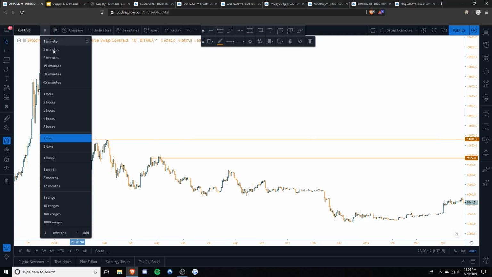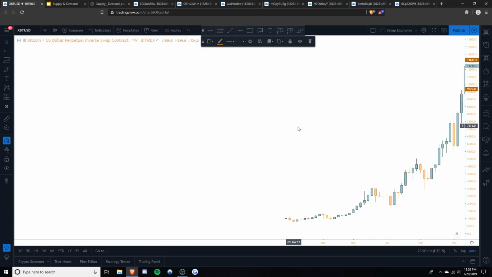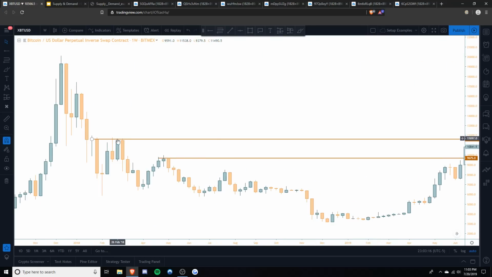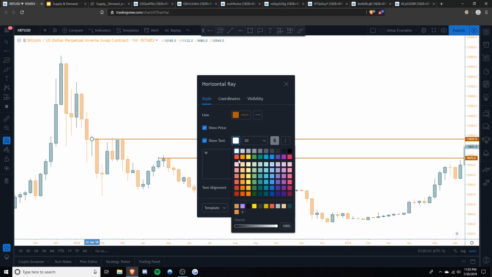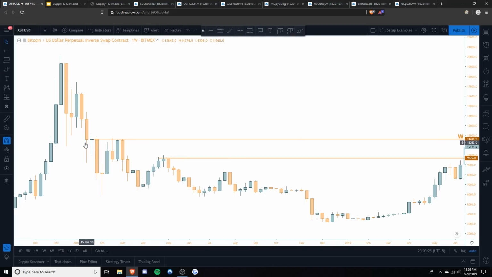Let me go to the weekly chart. Actually, I think this is where the key level is. Yeah, this is perfect. Let's see, weekly level. So we have this key weekly level.